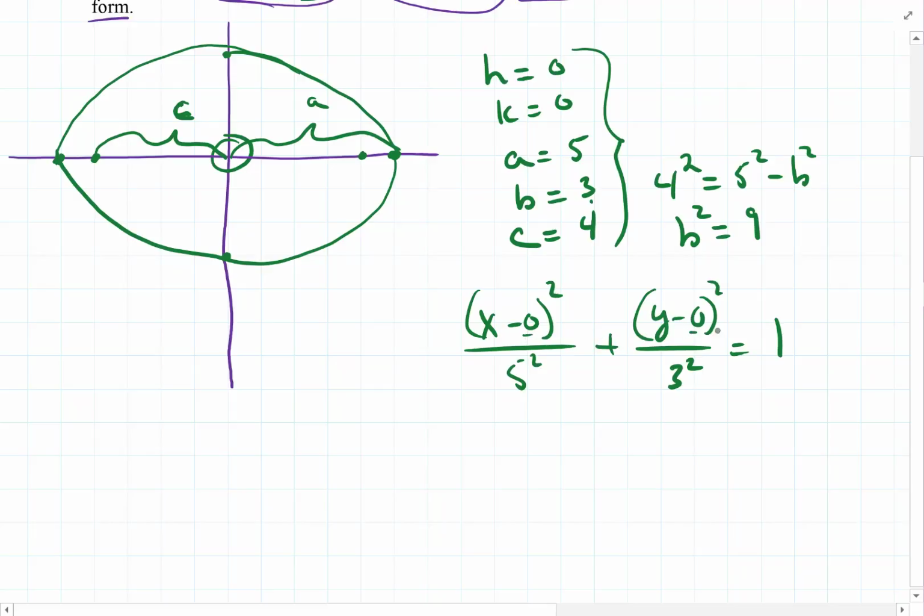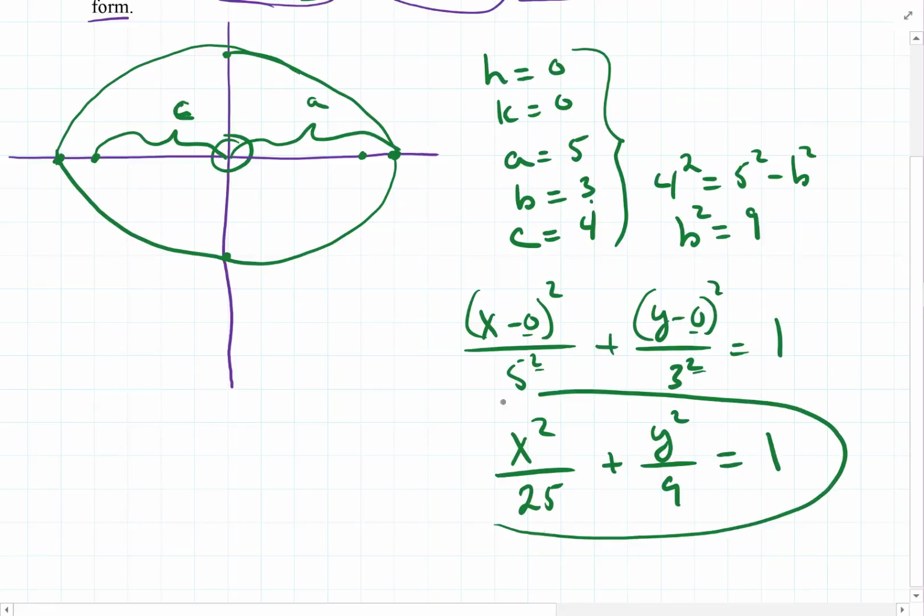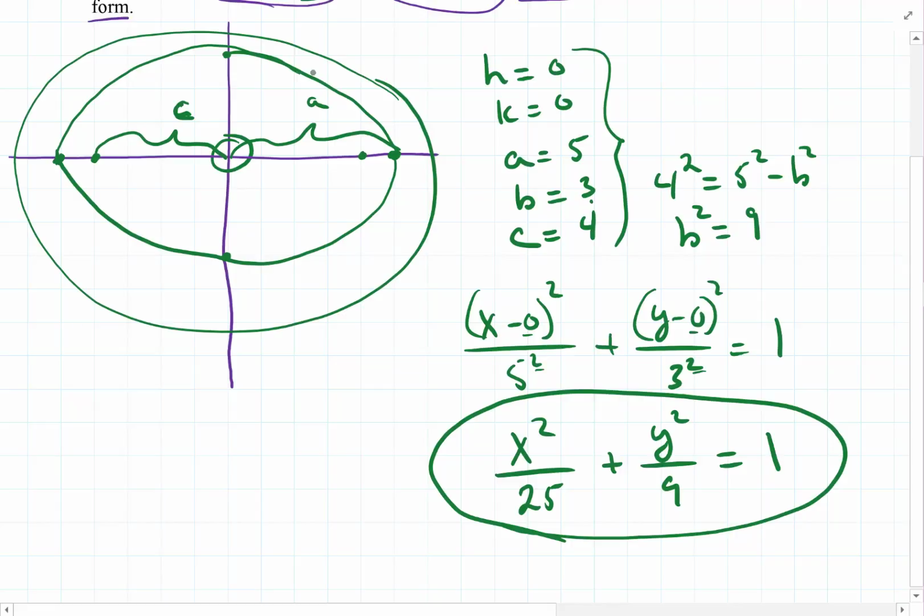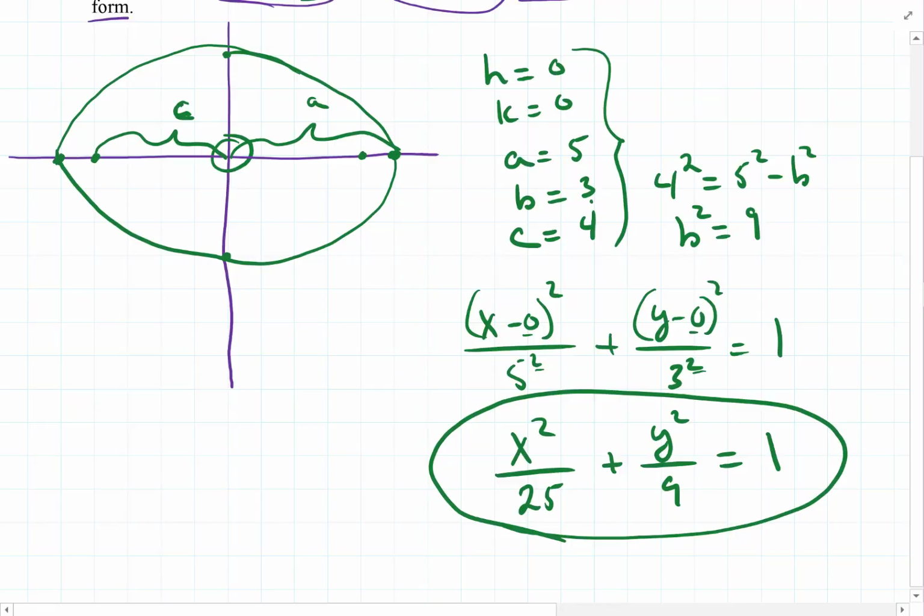We don't need the zeros, and we can expand these exponents to give us x squared over 25 plus y squared over 9 equals 1. You could plug this into your Conics app on your graphing calculator to verify that you get something that looks like this, and you're good to go.